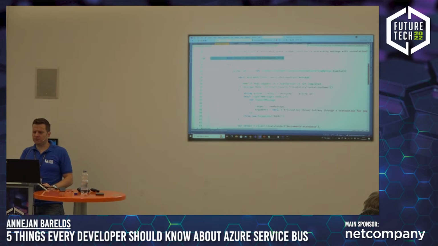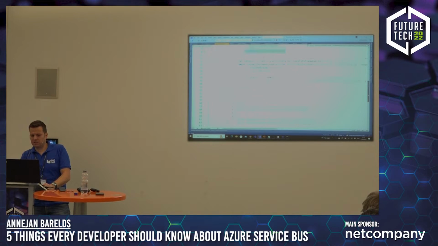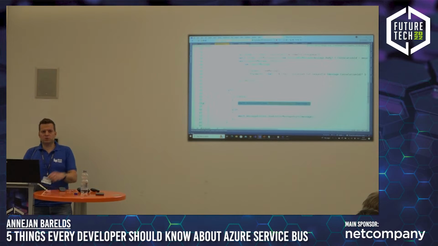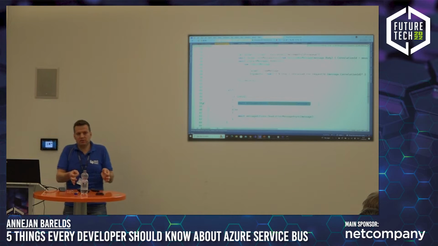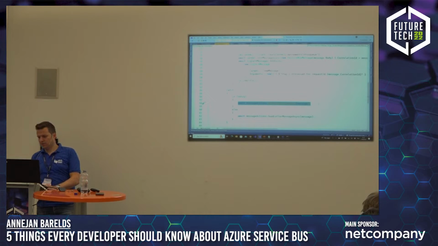If it's the second time it receives it, it will just give up. If it's the first time it receives it, and if it's my cross-entity transaction demo, it's actually going boom. That's throwing an exception, and in catching that exception, retrying means I'll abandon the message, which means I will be seeing it again, because it will be re-available on the queue. And if I'm giving up, I'm dead lettering it.